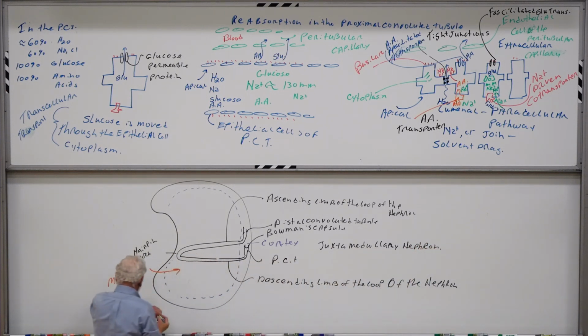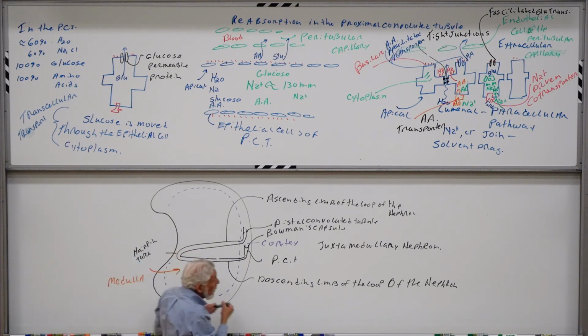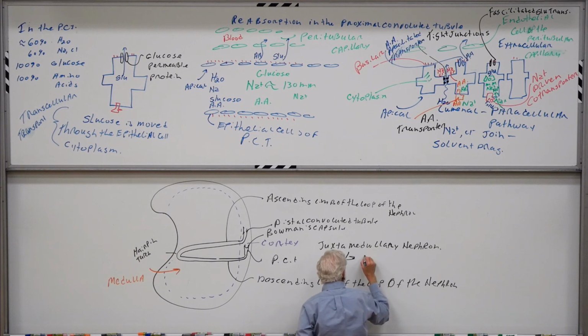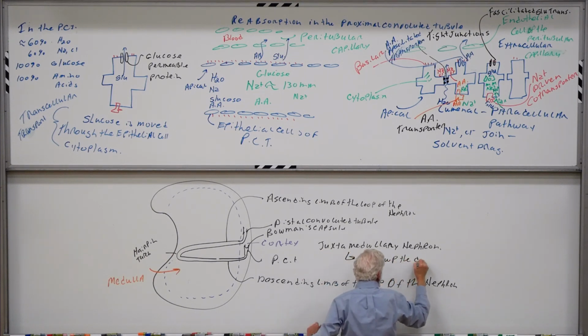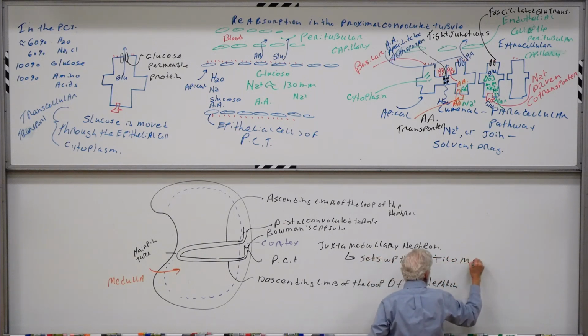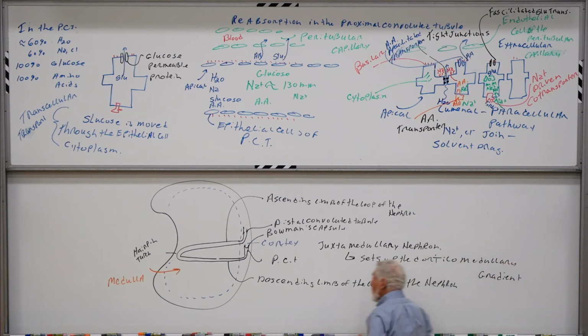The juxtamedullary nephron composes only about 15% of all the nephrons, but we tell the story from the point of view of the juxtamedullary nephron because what we're going to find next time is that it sets up the corticomedullary gradient.